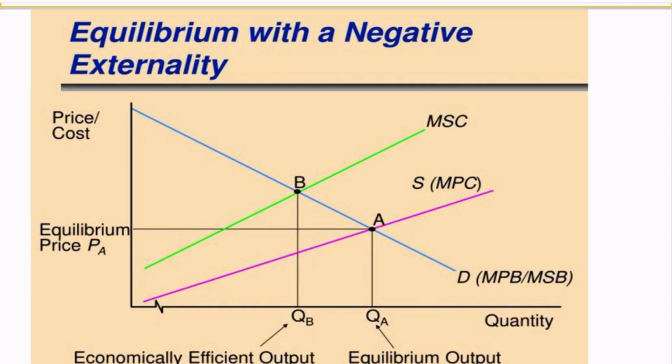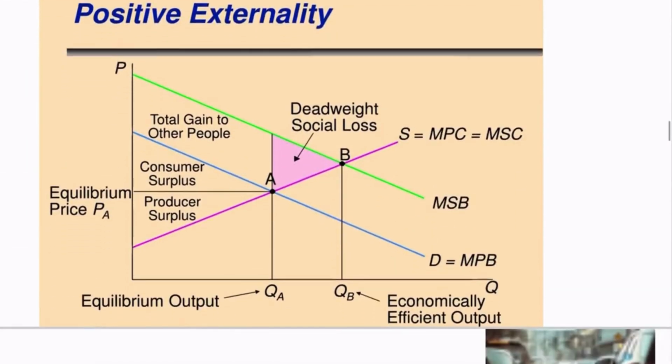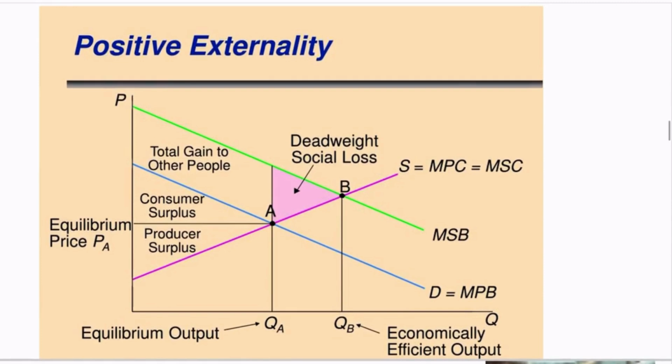Okay, so I hope that you have understood how equilibrium with negative externality can be represented graphically, and what deadweight loss is, right? Similarly, if we talk about representing the positive externality on a graph and understanding what happens because of positive externality, again this graph becomes very handy.